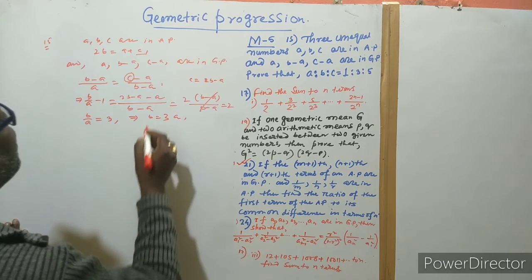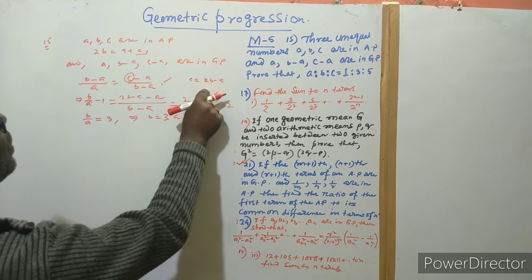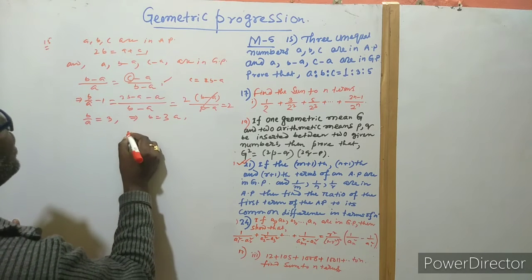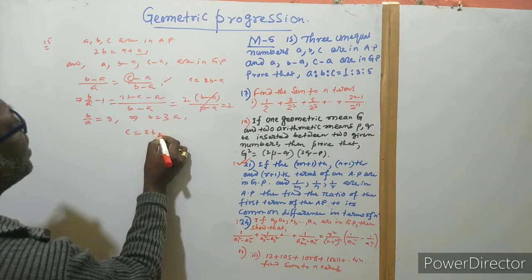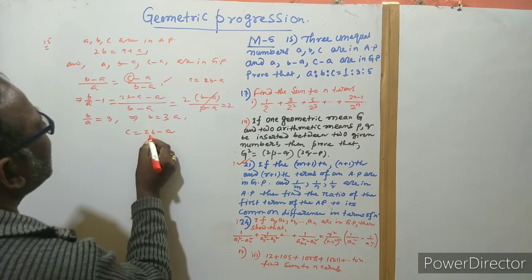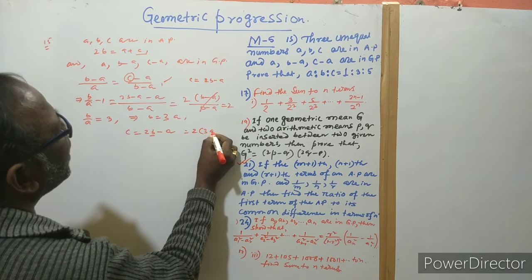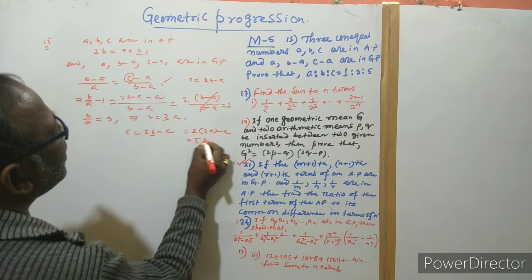So now again in this case we have to take C. So C is equal to twice B minus A. So substitute 3A in place of B. So this is 6A minus A, and that is 5A.